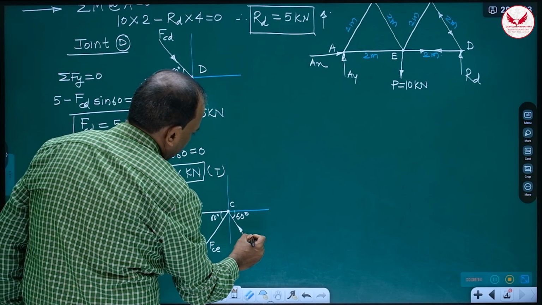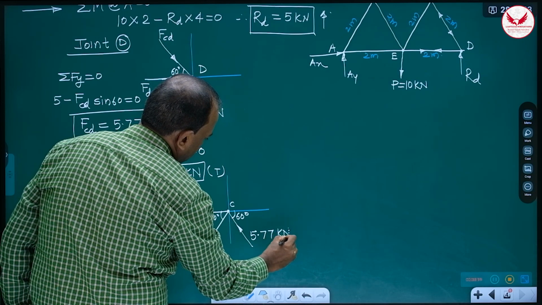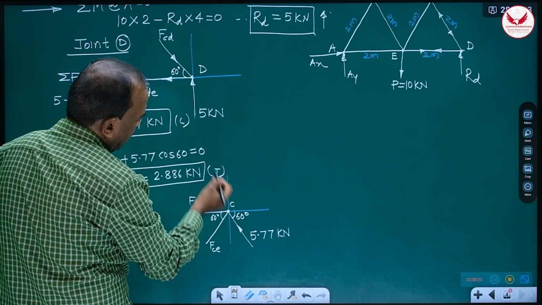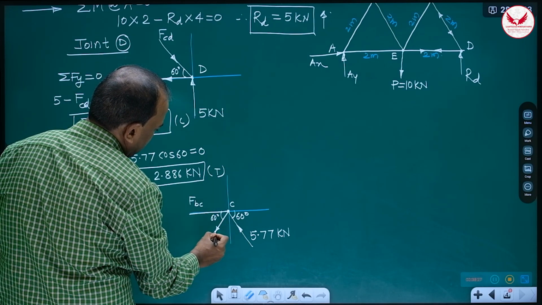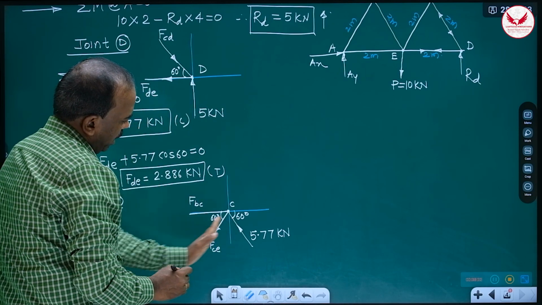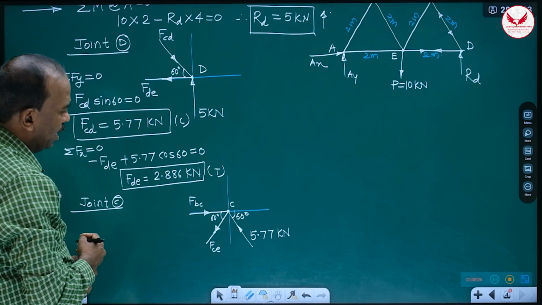FCD is 5.77 kilonewton. Now how we can choose the direction? It is upward, so downward must be this, means tensile, away from the joint. This is towards left, this is also towards left, so it should be towards right. So these are the perfect directions.